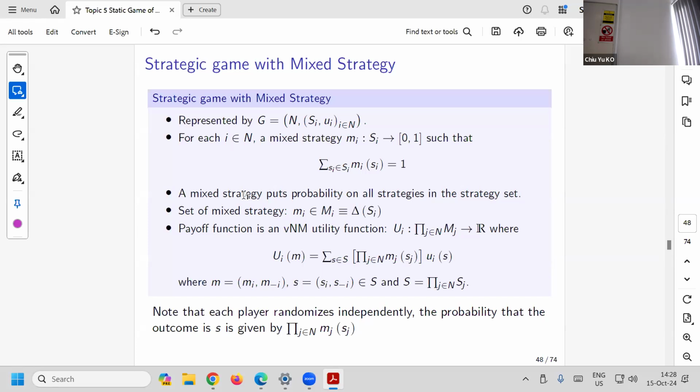So the profile S we realize will have this probability, because it is independent, and the probability is the product. Probability of A and B, if independent, is probability of A times probability of B. So that means the probability that S arises times the utility. That is expected utility theory, and that is the model.